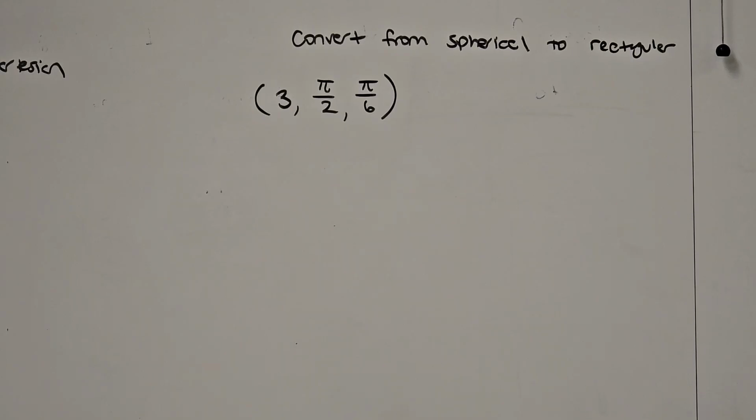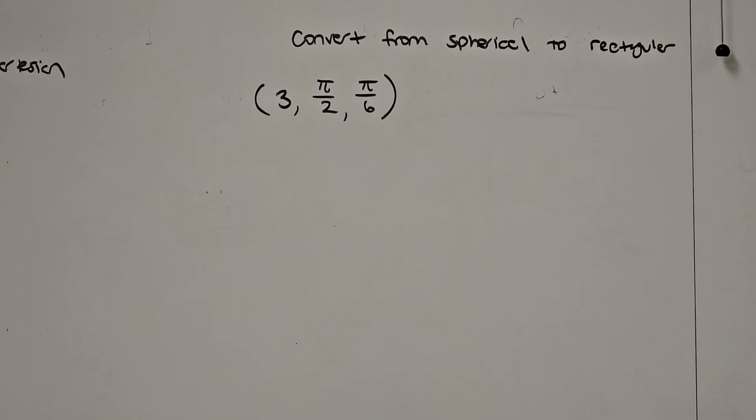So if I give you the coordinate in spherical coordinates, 3, pi over 2, pi over 6. Just a reminder, now in spherical coordinates you have one distance and 2 angles. So this is saying go out a distance of 3 units.